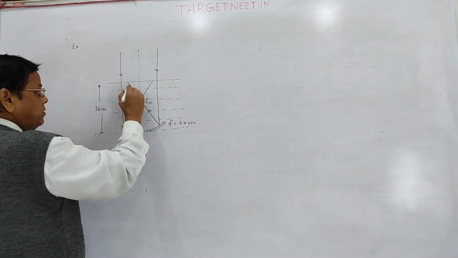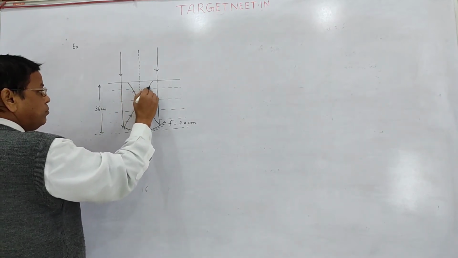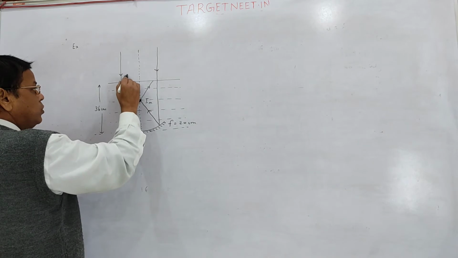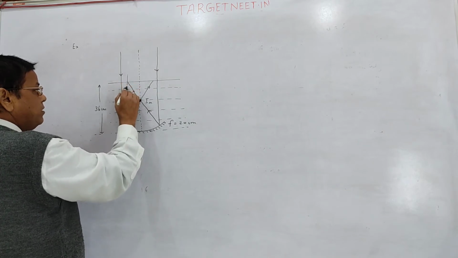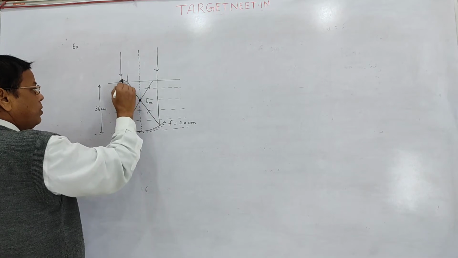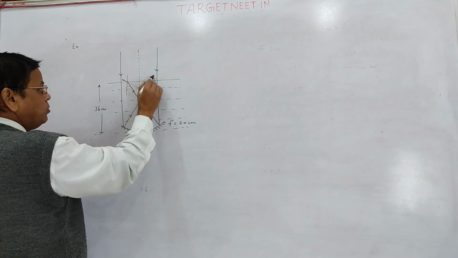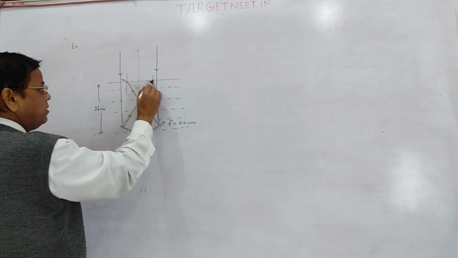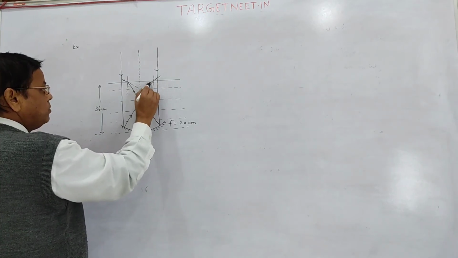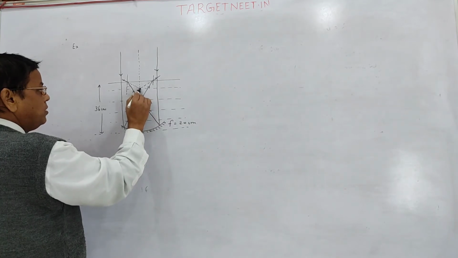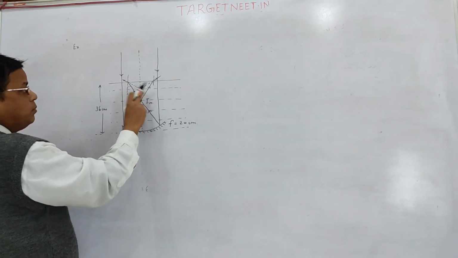Now this ray is moving out of water. So when it is refracted here, it will go away from the normal. Similarly, when it is refracted, it will go away from the normal. So it appears that these rays are coming from here.